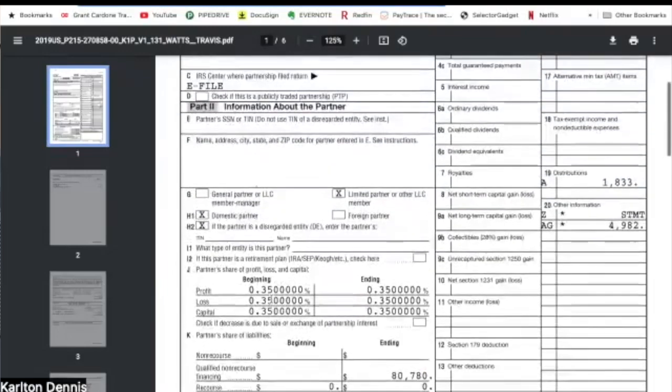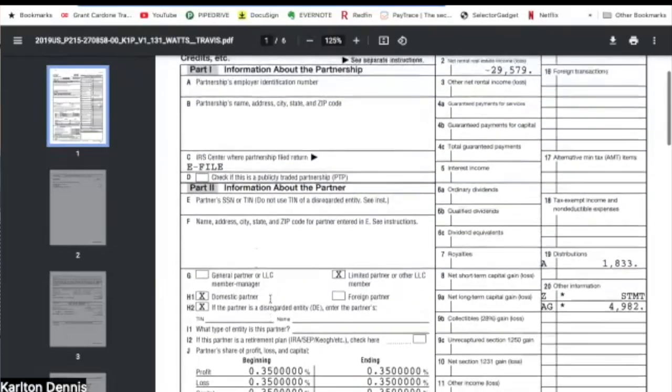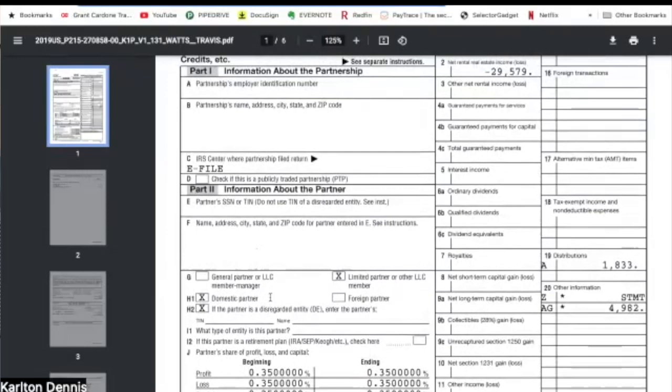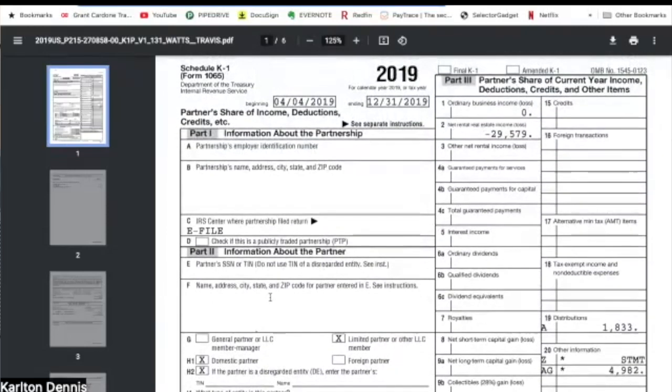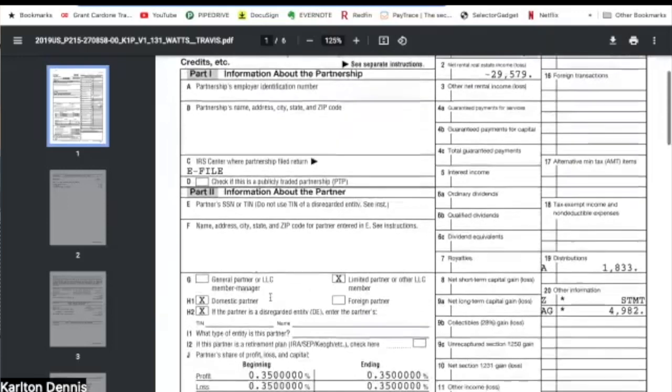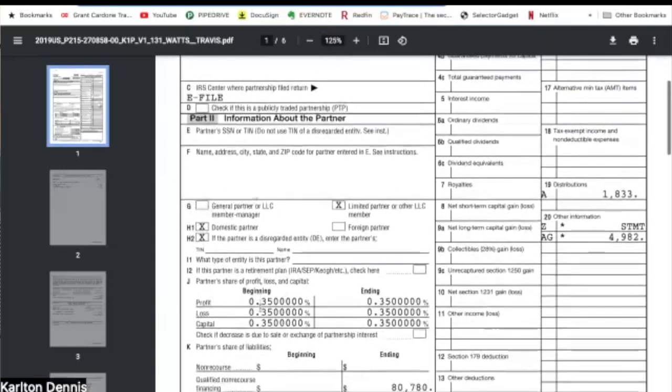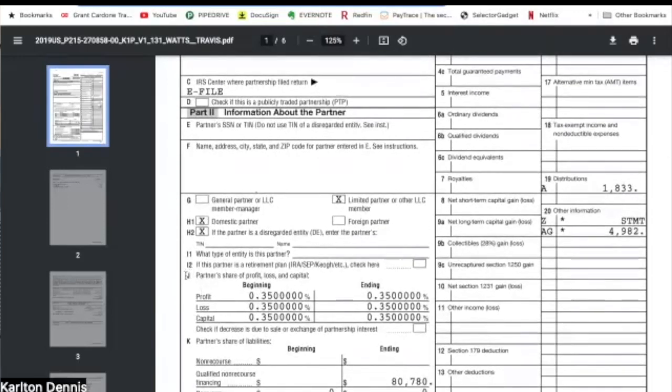Okay. Now, the next thing that we want to understand is, what would be his percentage, right? If he's going into a partnership, maybe there's going to be other partners. Is there a way for us to be able to determine his percentage based on his capital contribution? And we're actually able to identify that. Here in line number J, we can see what beginning and ending percentages are, whether it's based on profit, whether it's based on loss, or whether it's based on a capital contribution.